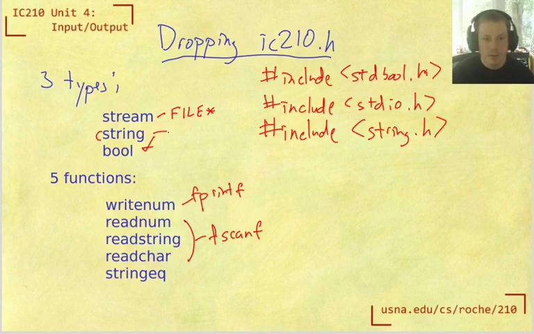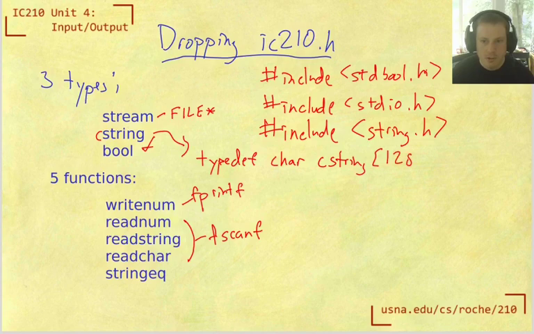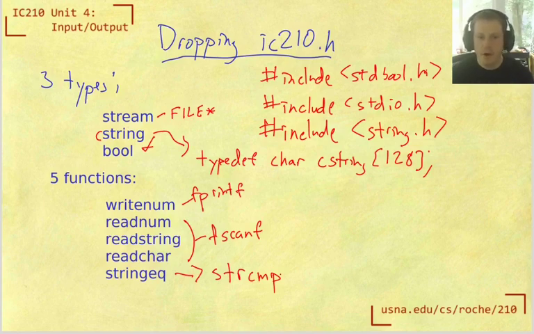For the C string type, we do this typedef, which is typedef char C string square brackets 128 or whatever size you want. And now for string_eq, we're not going to use that anymore. We're going to use strcmp. So these are all a bunch of small changes. This printf and scanf you're already used to, but the string stuff is a little bit new. But it's just a couple small changes in your program that you'll get used to pretty quickly.